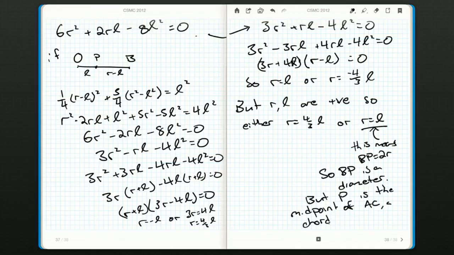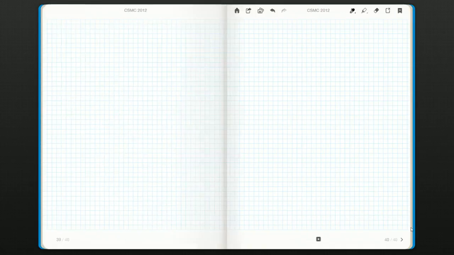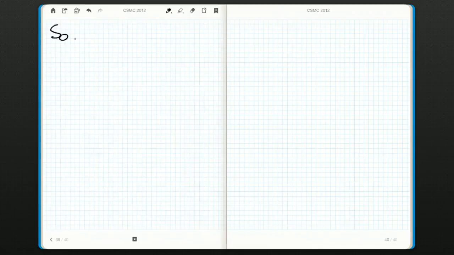But P is the midpoint of chord AC on the triangle. The only way that can happen is if A and C are coincident. And that gives us a degenerate triangle. So only r equals 4/3 L will work. At least I don't see an immediate contradiction for that.